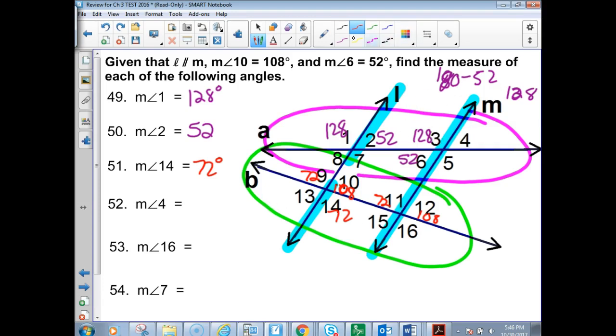This is going to be 52. And 16, I'm back down here, so that's going to be 72. And then angle 7 is going to be 128, because it's vertical to angle 1, or supplementary to angle 2.